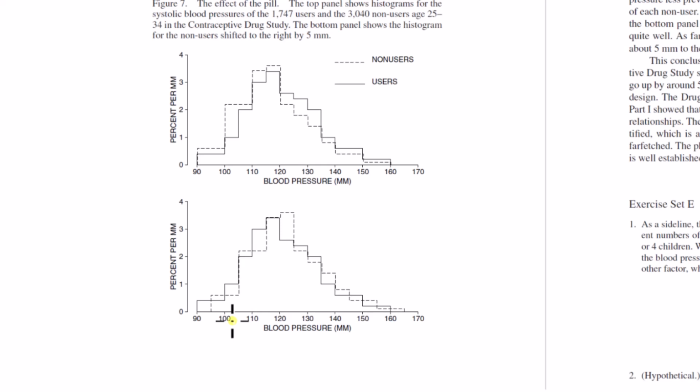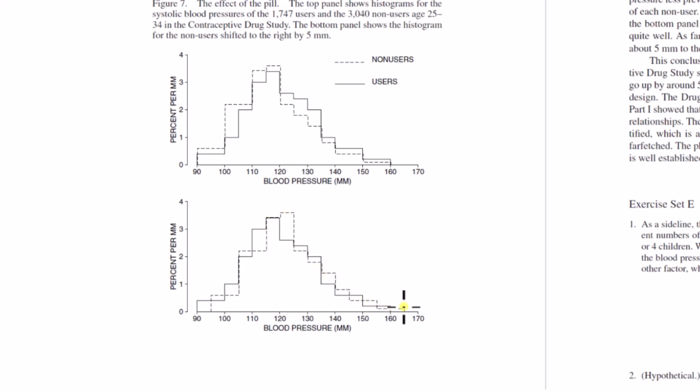So it's interesting to note how histograms behave. That's one way they behave. If you add or subtract a constant value to the data of a histogram, it's going to shift it left or right. And they did this because what they're saying is whenever they shift it, then the user and non-user histograms look to be close to the same.